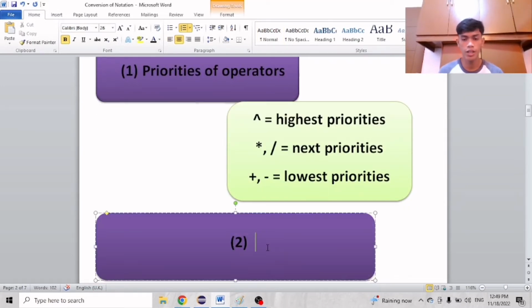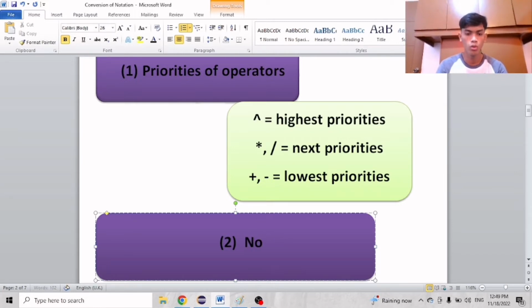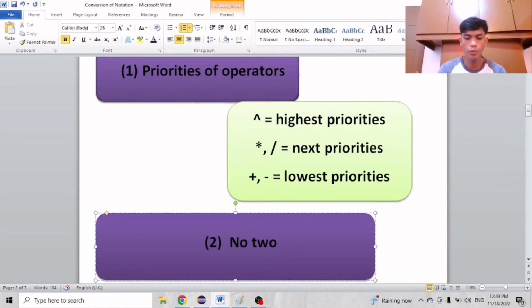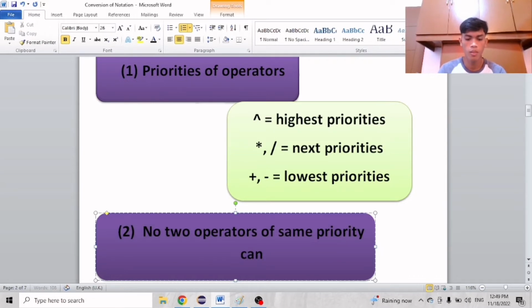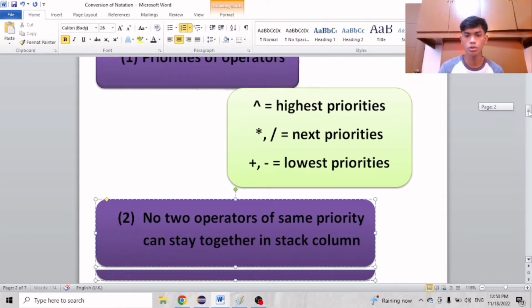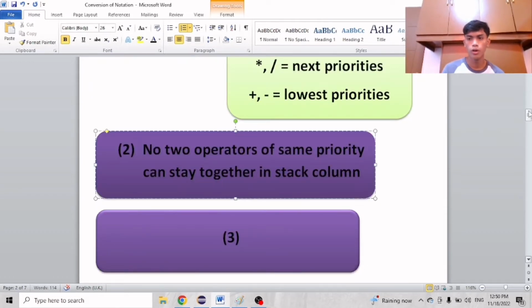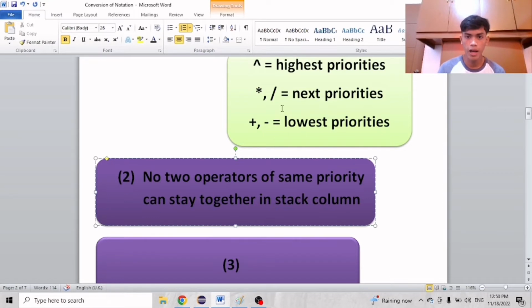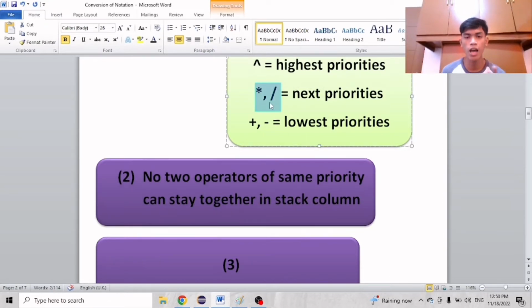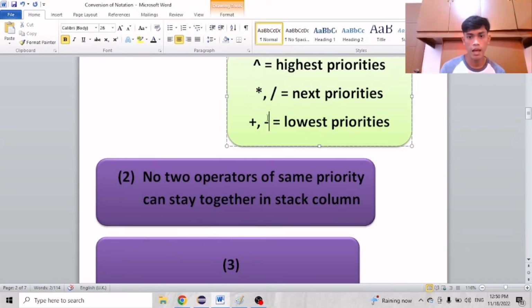And what is the second rule? No two operators of the same priority can stay together in the stack column. What do you mean by this? This rule is very important. So two operators of the same priority should not stay together. The lowest priorities should not stay together in the stack column.